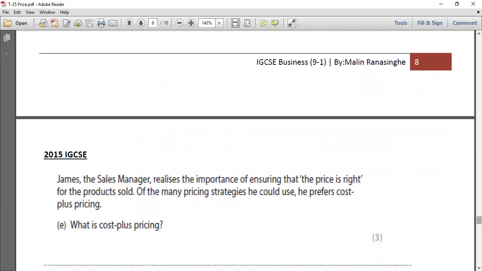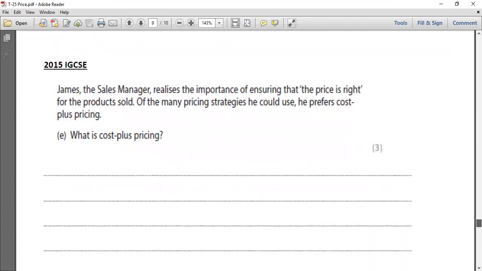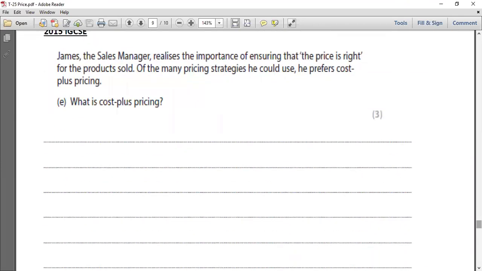In 2015 IGCSE they asked what is cost plus pricing. You can answer this today because we discussed it. It's a definition question. I think in the new syllabus it should not be 3 marks, but a 1-mark definition. We charge a price by adding a markup to the cost, and that's the selling price. You can even give the formula.